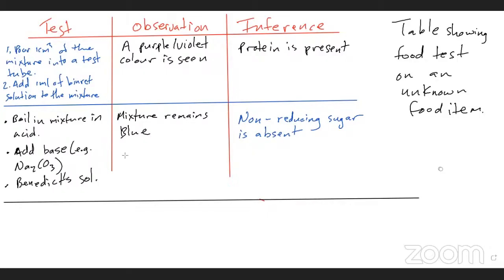So we can get a series of color changes. It depends on how strong the concentration of the non-reducing sugar is. Depending on the concentration, it might stop at yellow or green, or it could go to brick red.